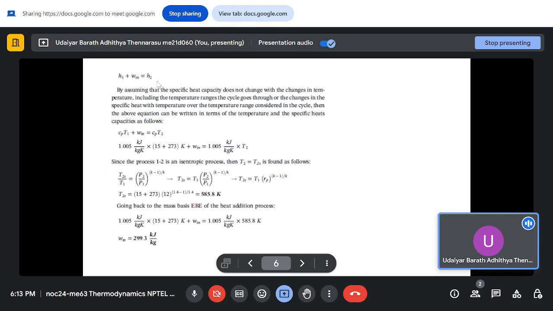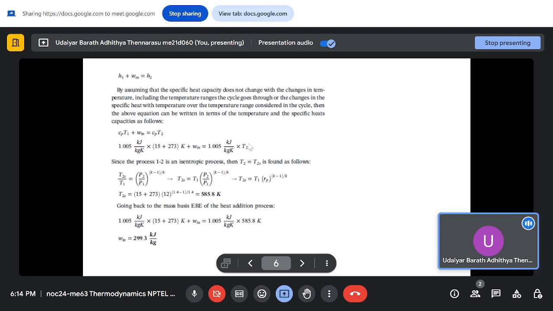Now you assume that the specific heat capacity of the gas doesn't change with temperature, so it is constant, or a perfect gas, and your enthalpy is independent of pressure, so you write H as Cp T plus W in equals Cp T2. Then your Cp of air is 1.005 into your inlet temperature of 15, so 15 plus 273, plus W in equals 1.005 into your temperature T2, which you need to find.